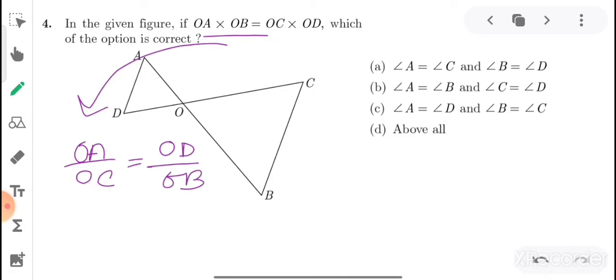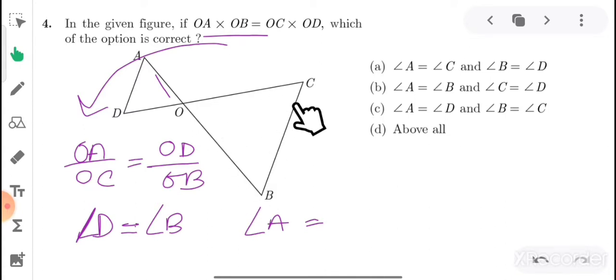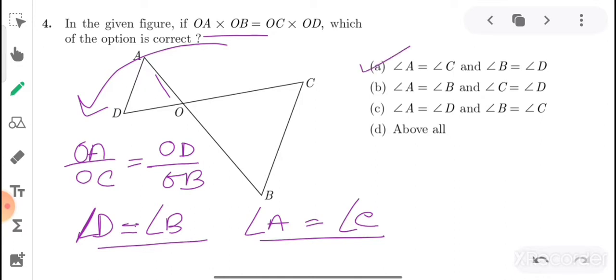OA, this is the side, and its similar angle will be angle D. Hence angle D is equal to, OC, its similar angle will be B, then D is equal to B, and OD, its similar angle will be A, hence A is equal to, OB, its similar angle will be C. A is equal to C. Then which option is correct? Option A will be correct. Okay, then see the next question.